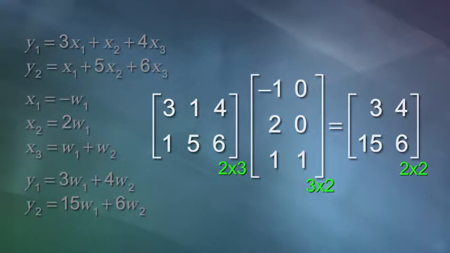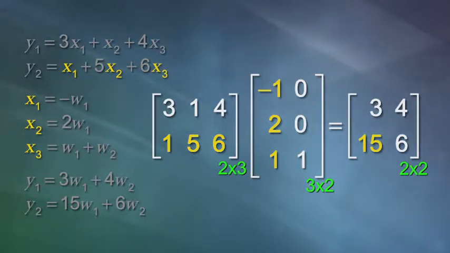Secondly, the fact that there is a 15 in the bottom left corner of the 2 by 2 matrix refers to the number of times w1 appears in y2. And if you look at where this comes from, it comes from multiplying the number of times a particular x variable appears in y2 by the number of times w1 appears in that particular x variable, summed over all x variables.